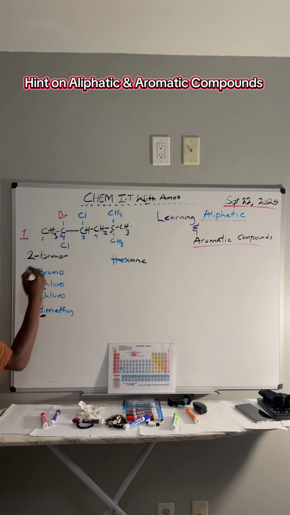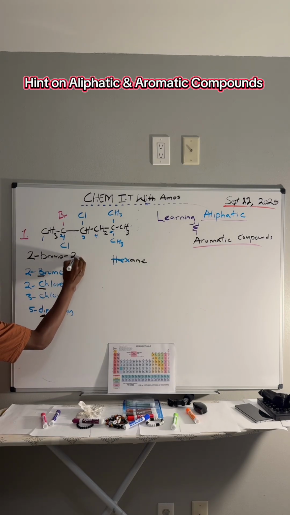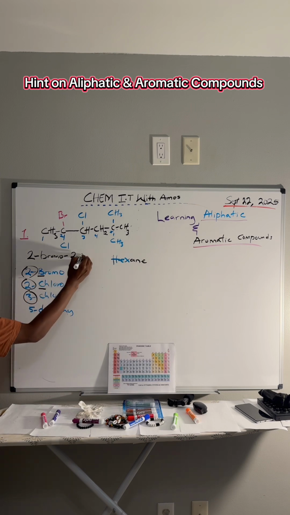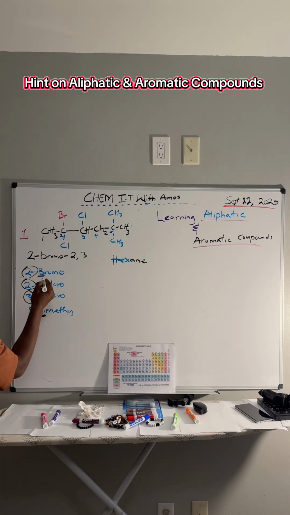So we can say 2 comma 3, because this first one is this, and this one is 3. We say di. Why di? Because chloro appears 2 different times, so we use di. Di means 2.